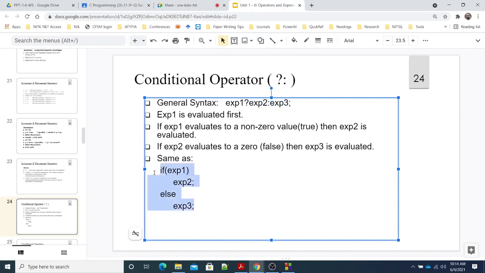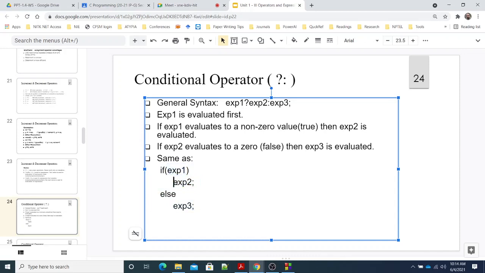So we can express an analogous expression using an if-else statement in C. I can express it this way also, if expression 1, but without using the conditional operator, using if and else statements in C. If expression 1, we execute this, else this.